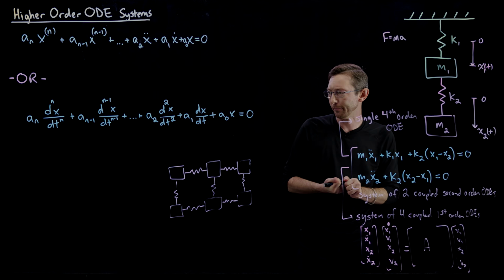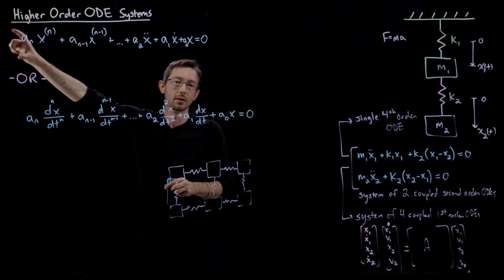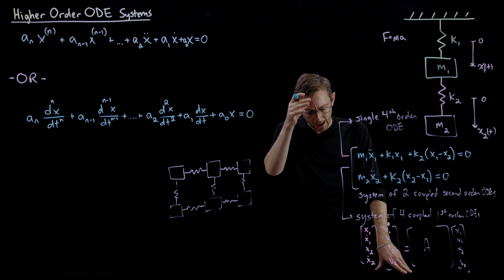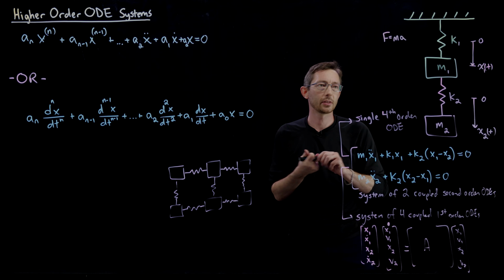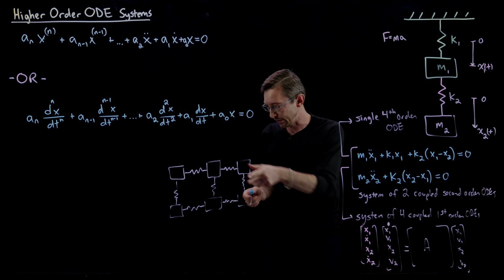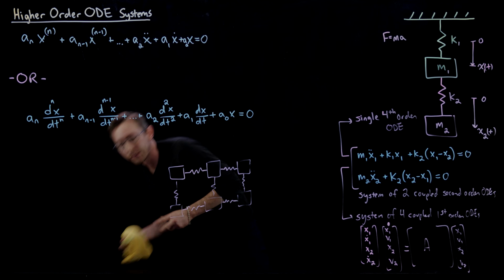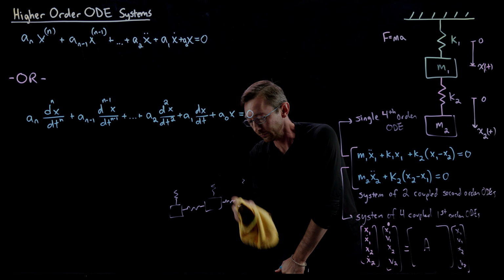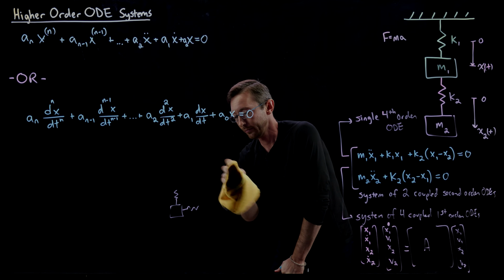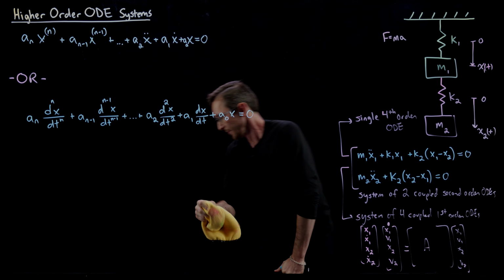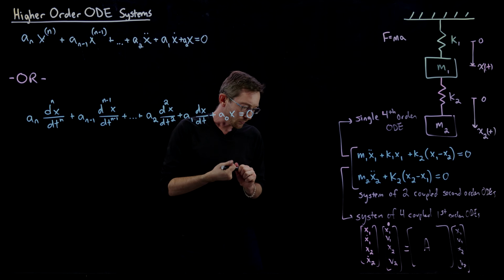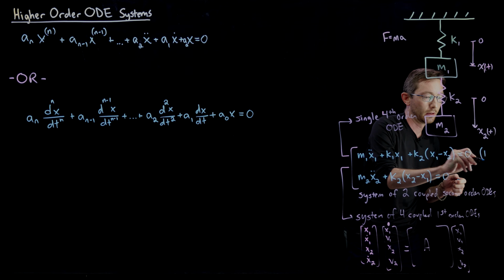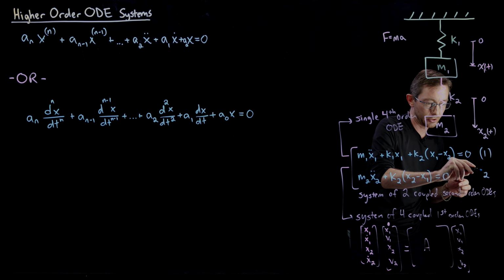Because we're eventually going to want to get a system like this. So how do we do that? The procedure here, maybe I'll erase this and I'll just write it out, is we're going to solve the first equation. Let's call this 1, and let's call this 2.